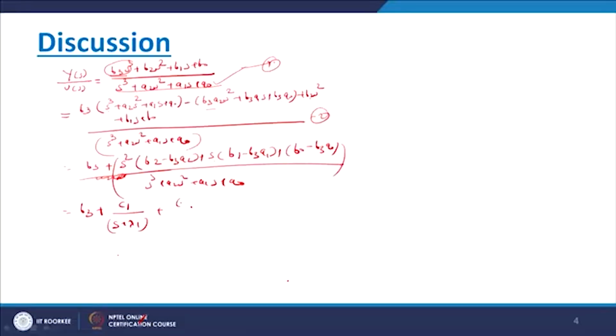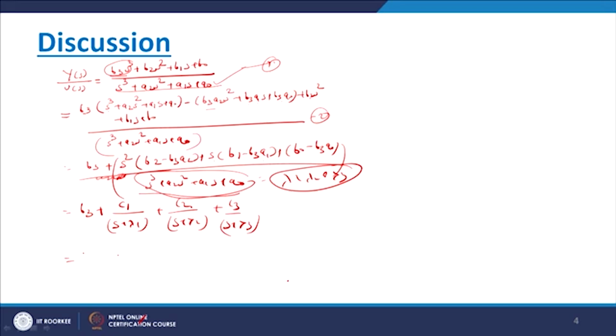Now we follow the same process which we followed earlier, that is b3 plus C1 by (s plus lambda 1), C2 by (s plus lambda 2) and C3 by (s plus lambda 3). That means we assume that this denominator has 3 eigenvalues lambda 1, lambda 2 and lambda 3, and they are distinct.